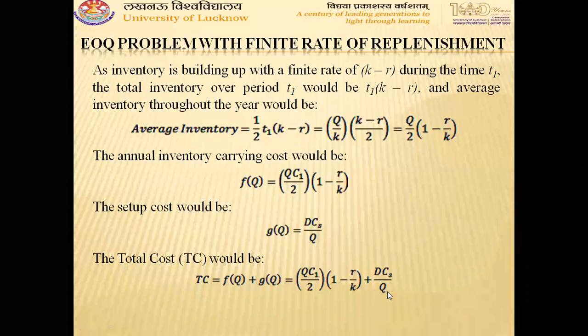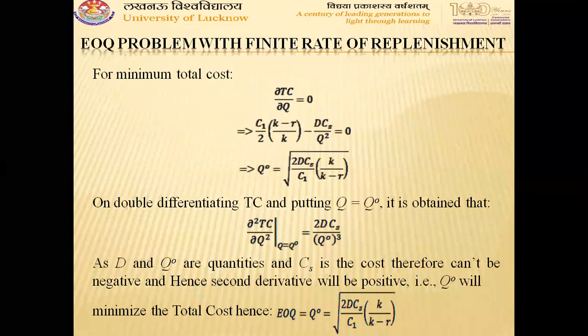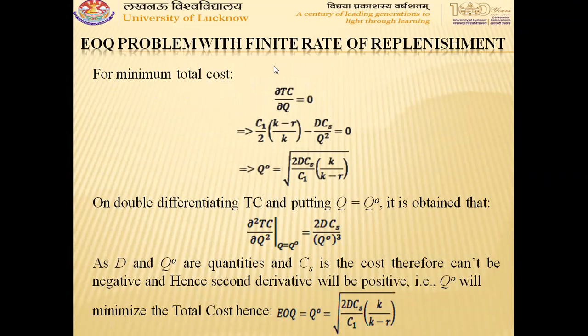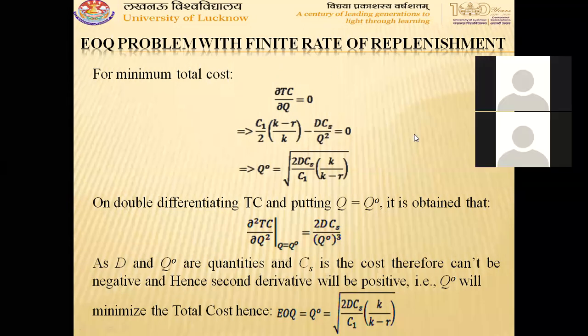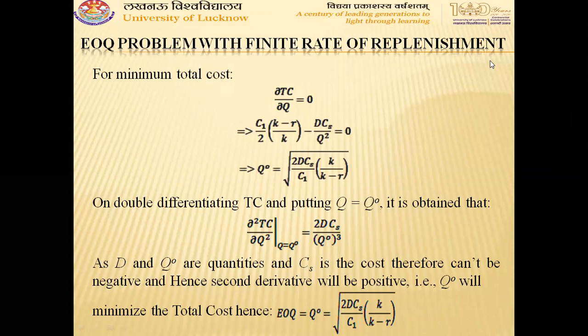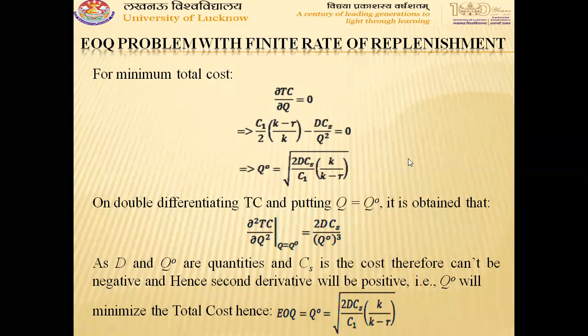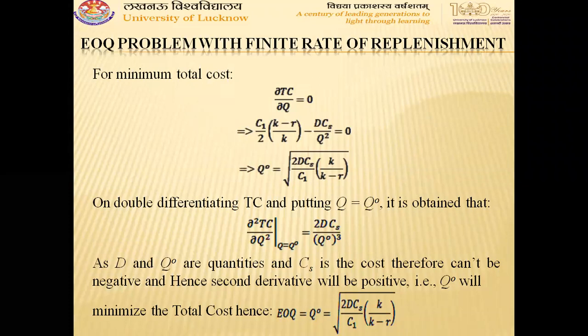So del TC upon del Q equals 0 gives C1 by 2 into (K minus R) upon K minus D CS upon Q square equals 0. On solving in terms of Q, we obtain that Q naught or EOQ equals root of 2 D CS upon C1 into K upon (K minus R).